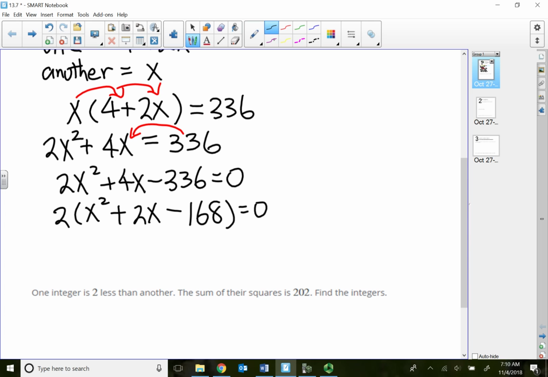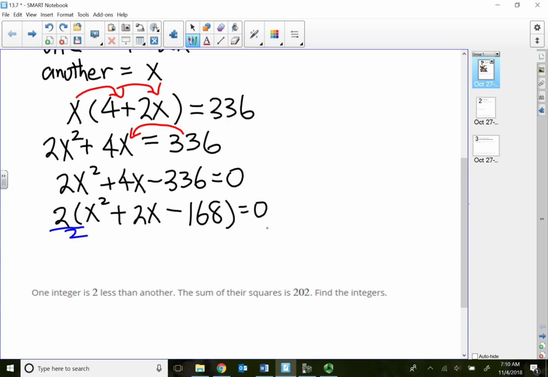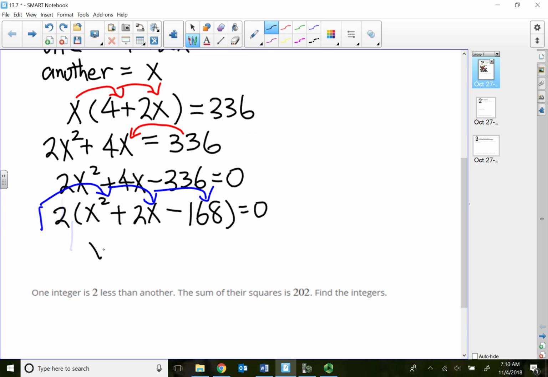So what I can do is divide both sides by 2, because 0 divided by 2 would just be 0. And this will cancel out, leaving a 1 to do a distribution. So once I divide both sides by 2, my x squared plus 2x minus 168 can come out of the parentheses. All right, so trinomial.